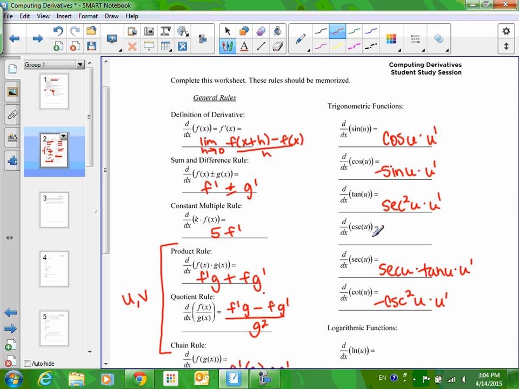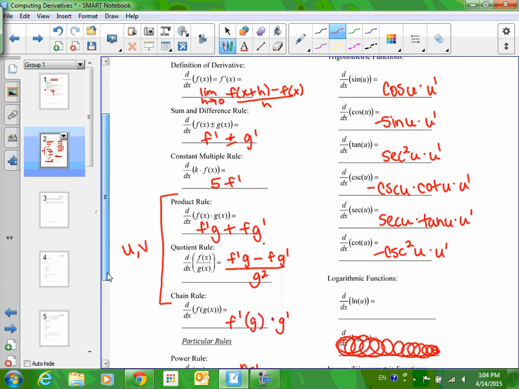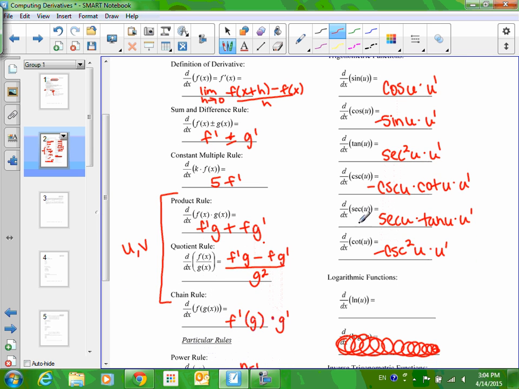Cosecant u would be negative cosecant u cotangent u times u prime. You've got to be familiar with all 6 trig derivatives. You've got to be able to go both ways. We're going to do integration more next week, and you've got to be able to integrate these things as well.